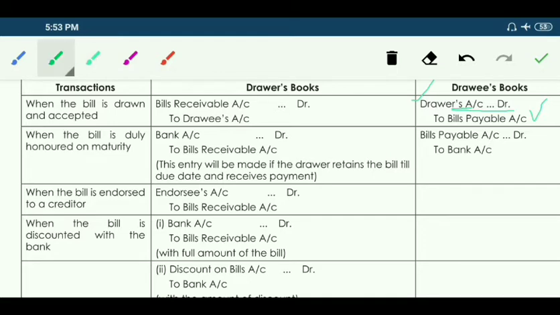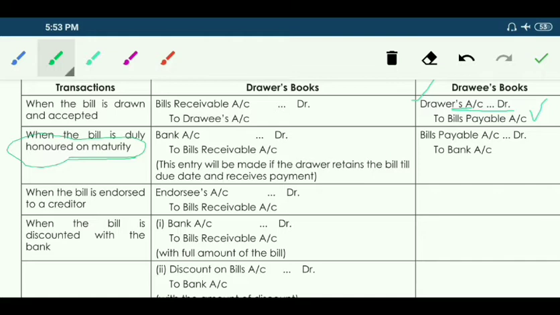The next transaction is when the bill is duly honored on maturity. That means the drawee made the payment.